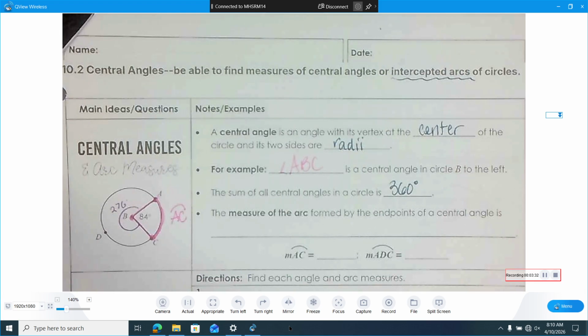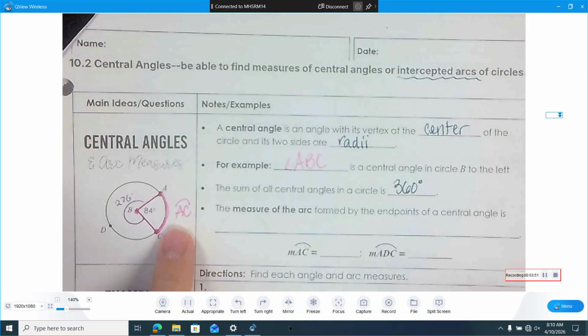This is what is called the intercepted arc. Imagine if that central angle were to close up, it'd eat the arc. So that is our intercepted arc.